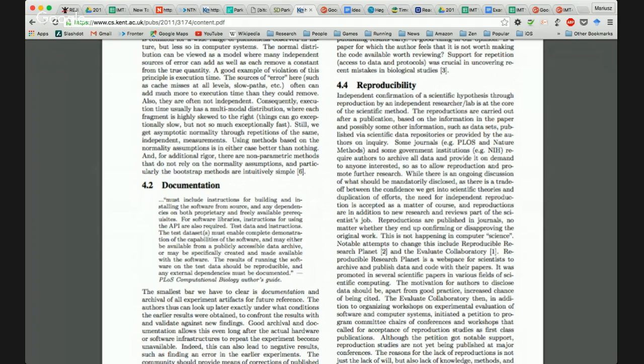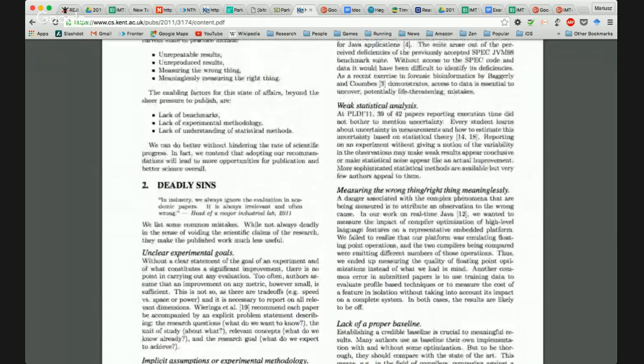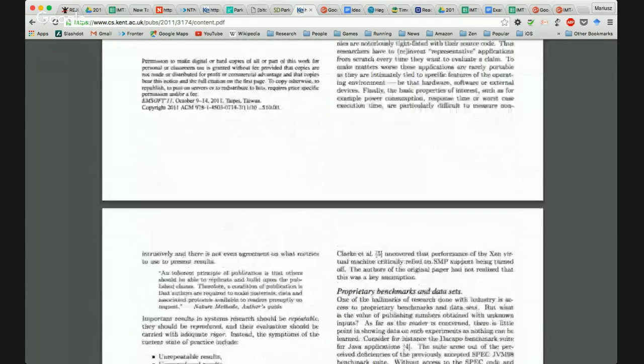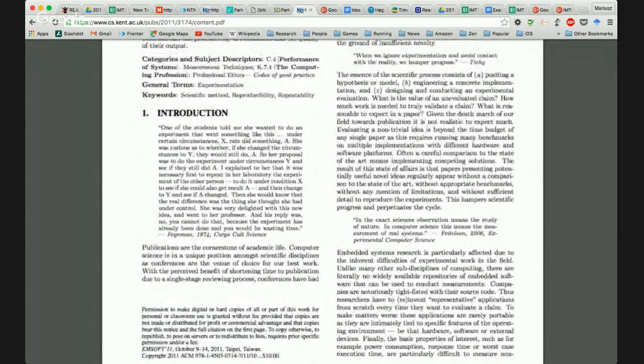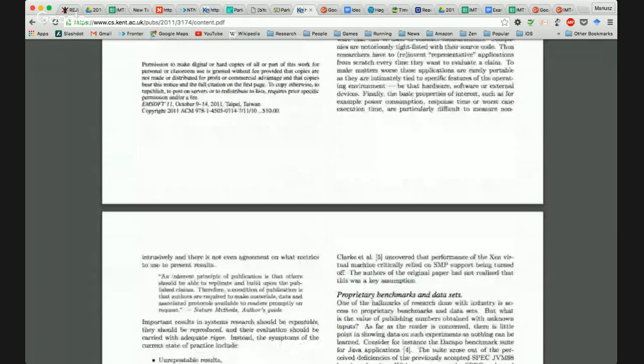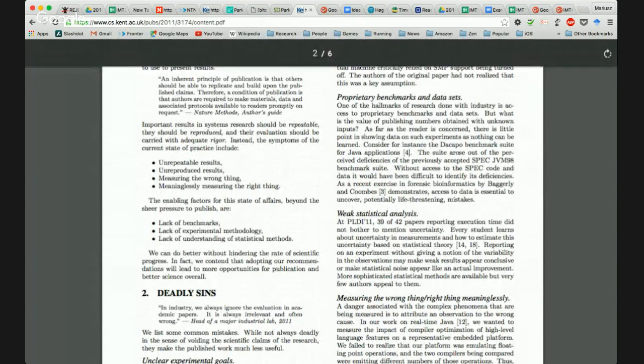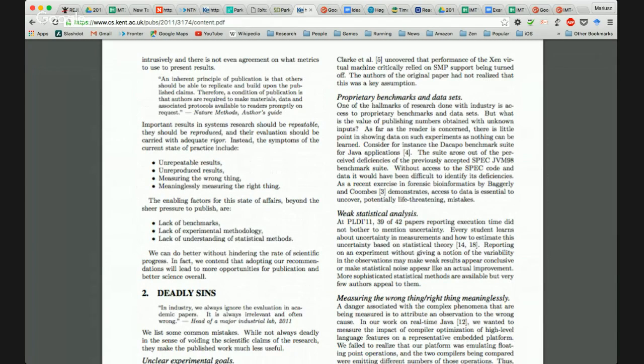So let's dive a little bit into the details of what the paper is about. If we go back to the beginning of the second page, we have some claims.